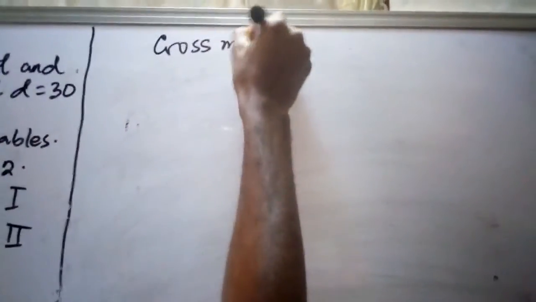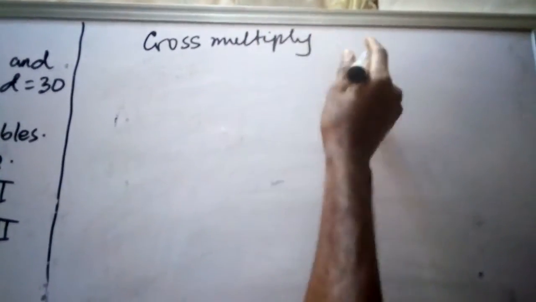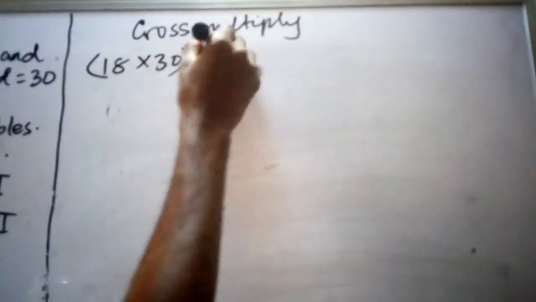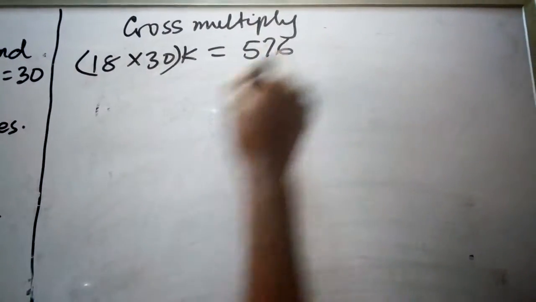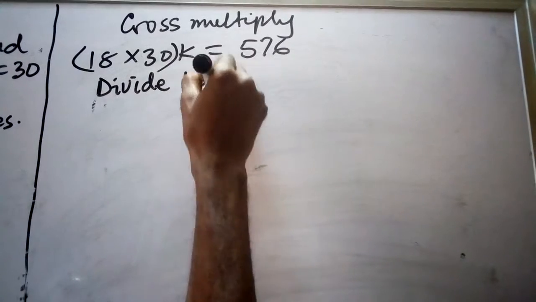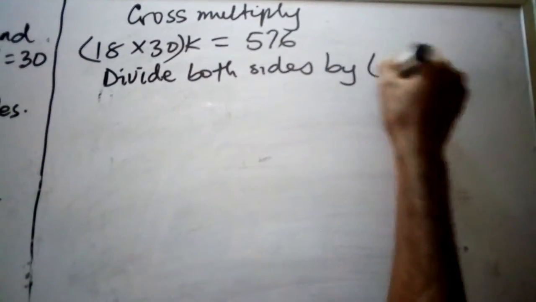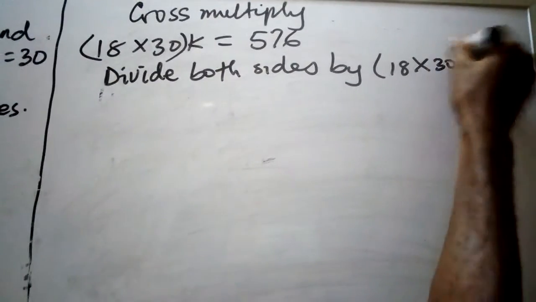Okay, now we cross multiply. When you cross multiply, you have 18 times 30k equals 576. To make k the subject of the formula, you divide both sides by 18 times 30.